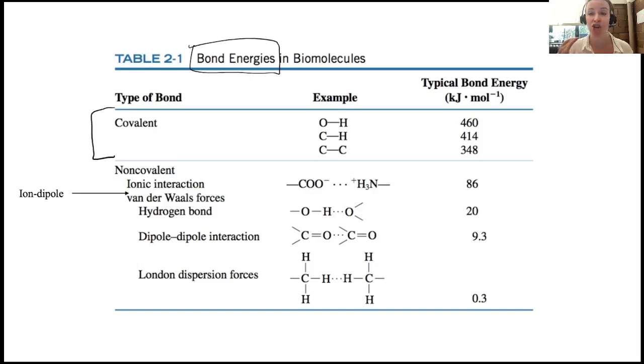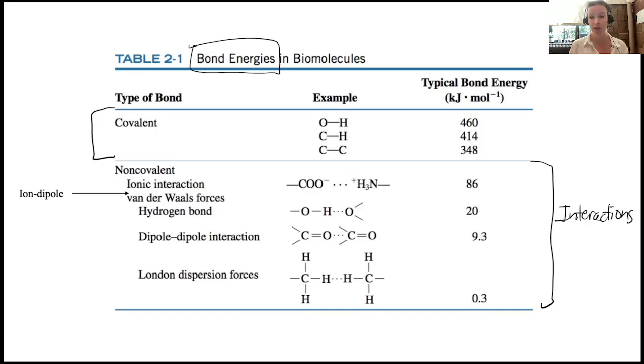We're talking the sharing of electrons. Since we're sharing electrons, it's going to be the strongest type of bond. We won't really talk too much about covalent bonds in this class. In this class, what we talk about most are interactions. We're not talking about the sharing of electrons. We're talking about interactions between full charges, partial charges, or no charges.